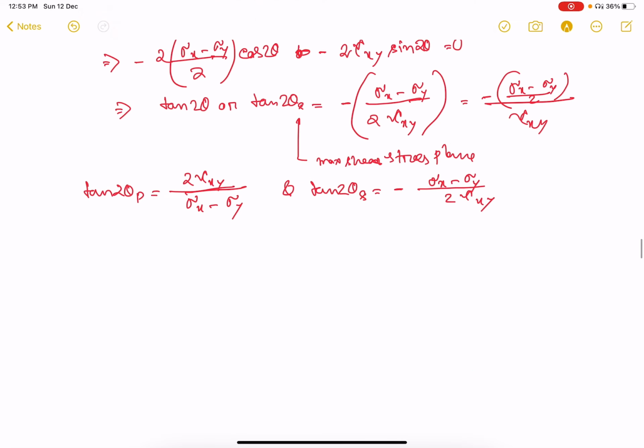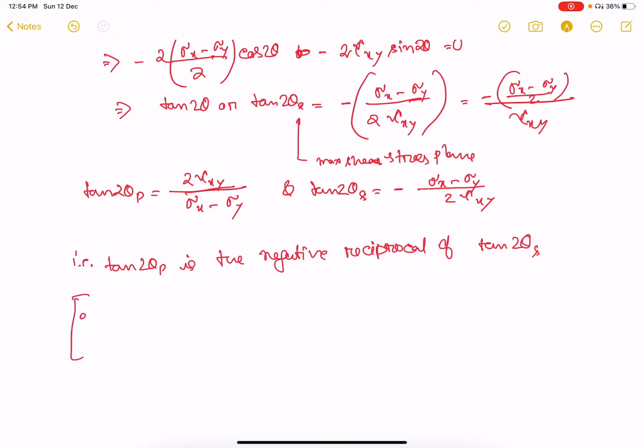That is, tan 2θp is the negative reciprocal of tan 2θs.